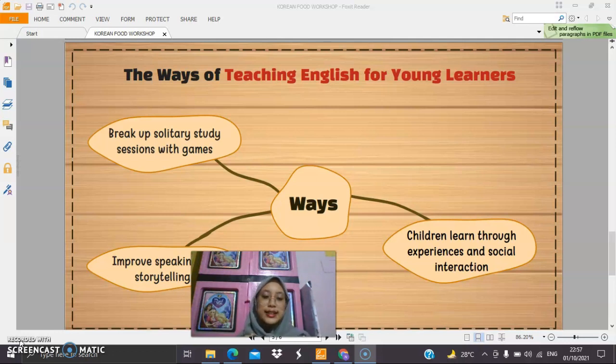Social interaction can be started from a daily conversation in the class. So it means that the teacher should use English in the classroom naturally and also for the students.